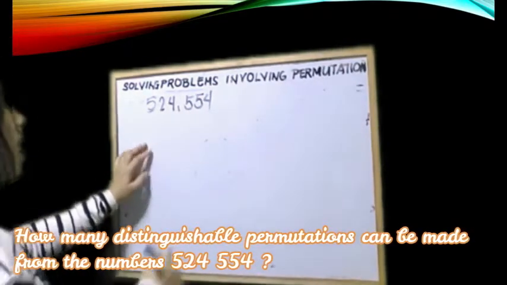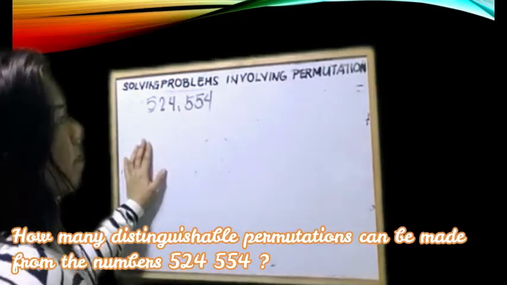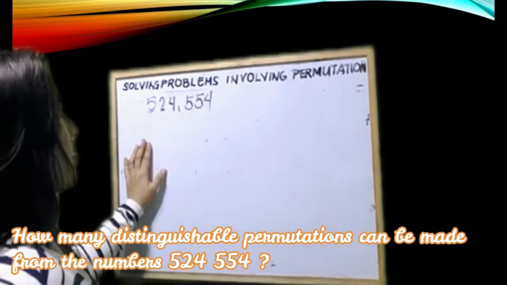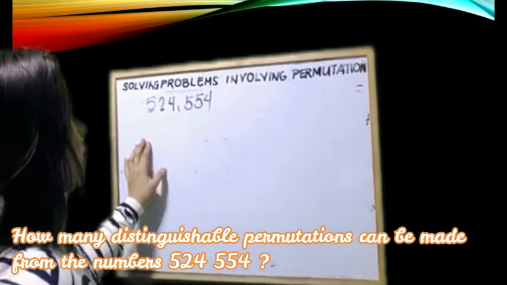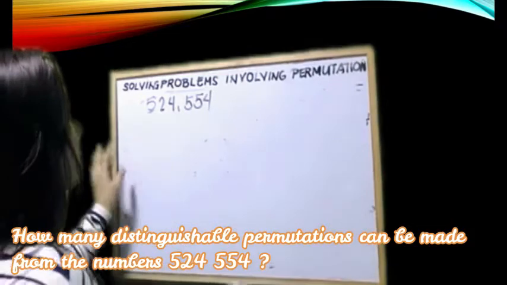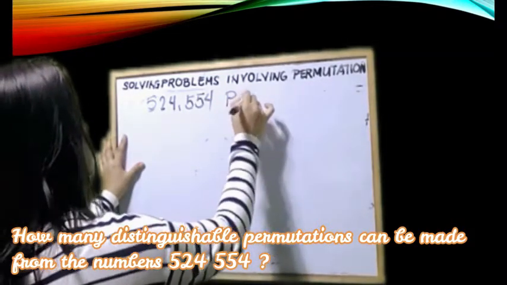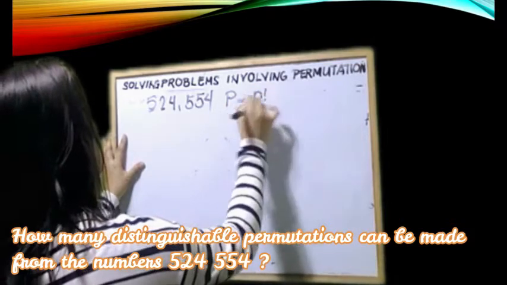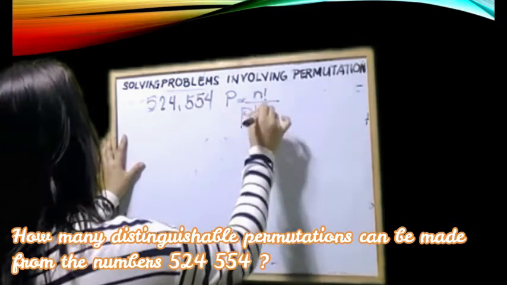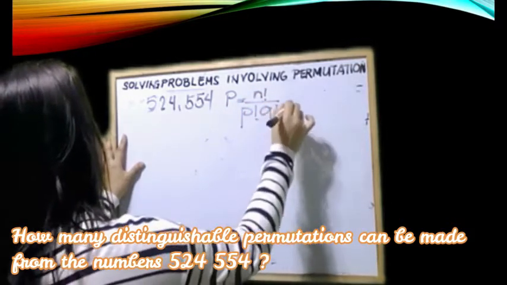So our formula for finding the distinguishable permutations for this one is, again, still the same: P is equal to N factorial over P factorial, Q factorial, R factorial.